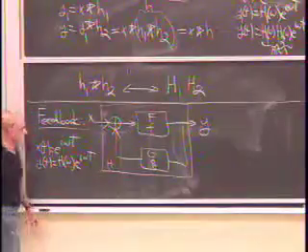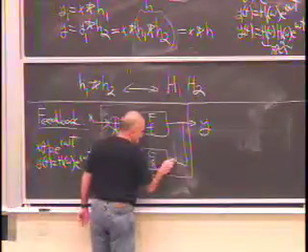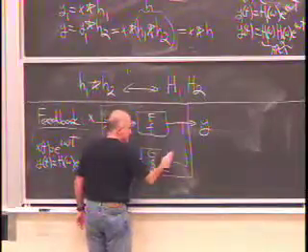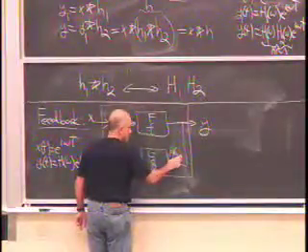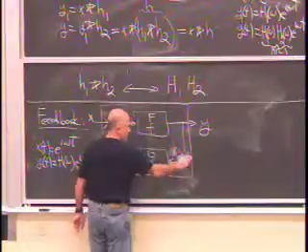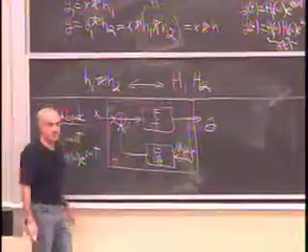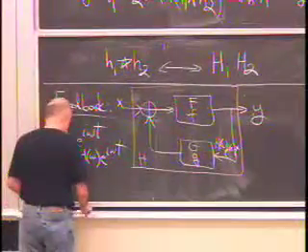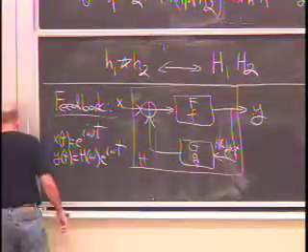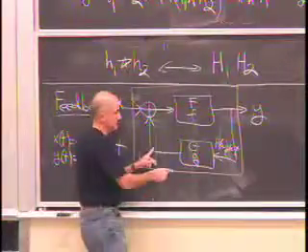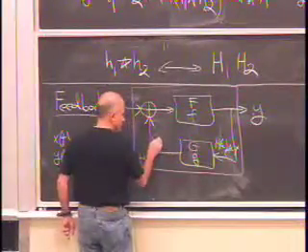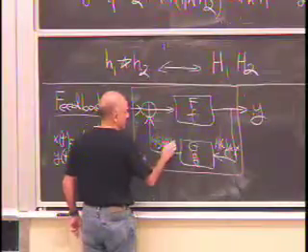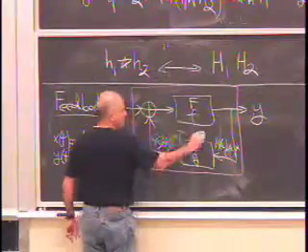Okay? Now, I'm taking H of omega e to the I omega t into this LTI system. What's going to come out? G of omega, H of omega, e to the I omega t.